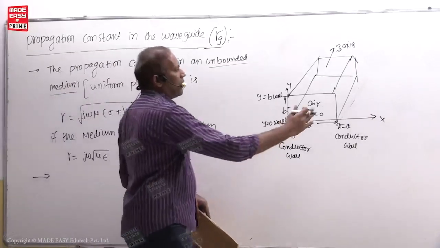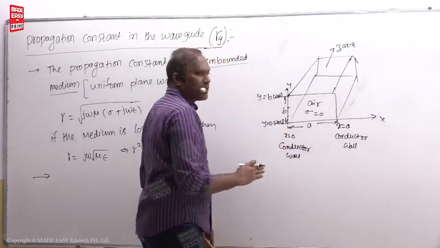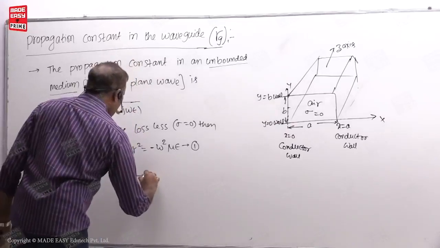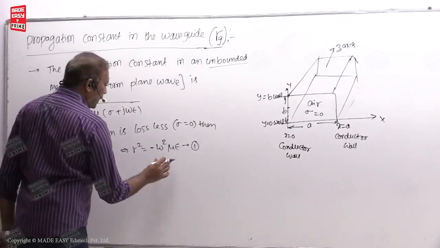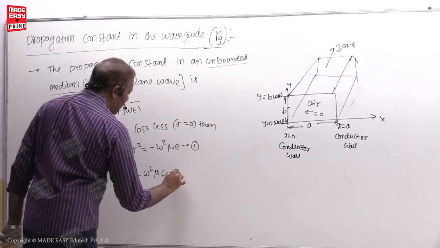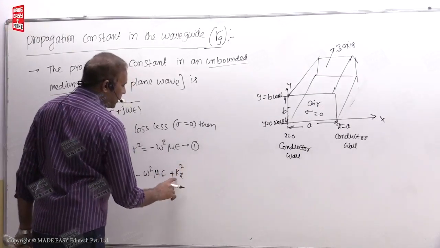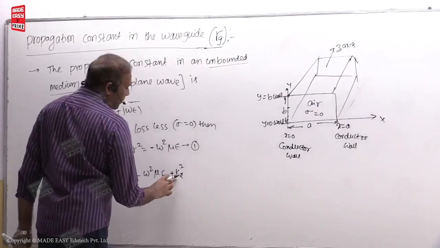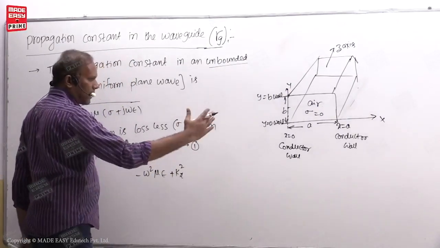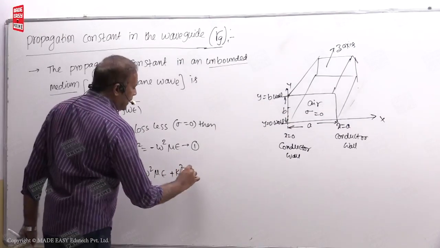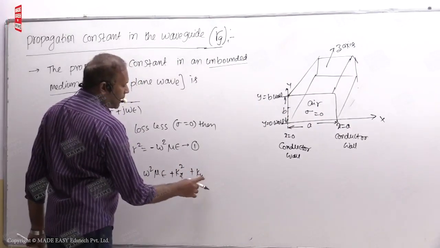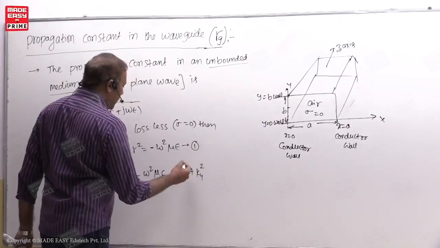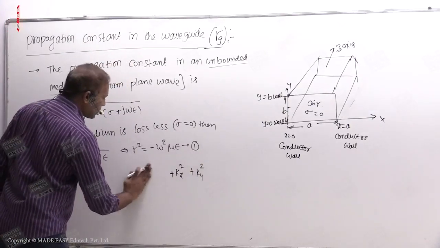Now if you put conductor walls in the x direction, then because of the x direction conductor walls, you have to add some term called kx. K means constant, x means some constant is to be added due to the x direction conductor walls. Similarly, ky means a constant due to the y direction conductor walls is to be added here, all squared, because this one is gamma square.